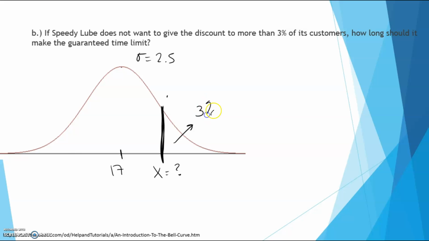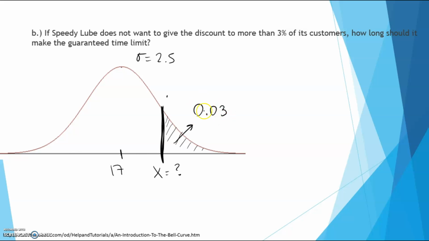So 3%, which I'm going to go ahead and change to a decimal, 0.03. Okay, remember? Percentage is like a probability times 100%. I just took away the percentage.